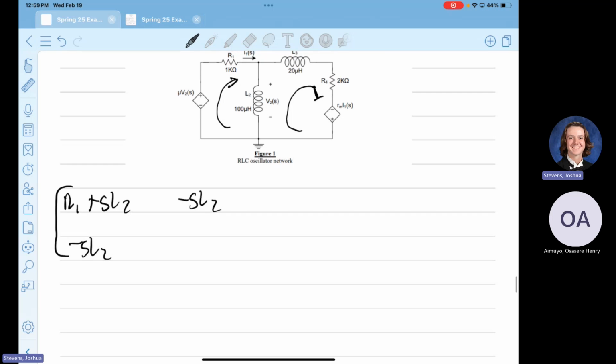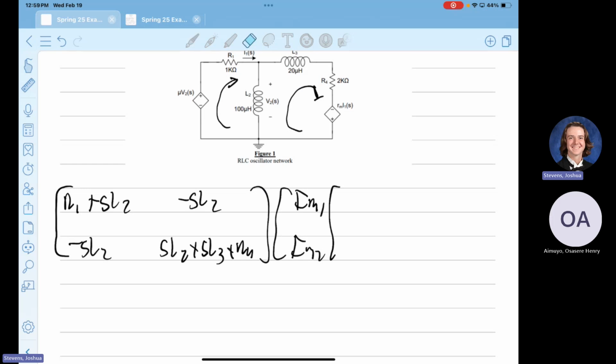The things being used in mesh 2 are SL2 plus SL3 plus R4, IM1, IM2. Okay, wrong way. And that is equal to mu V2 of S, right? Mu V2 of S. And over here, RMI1 of S.